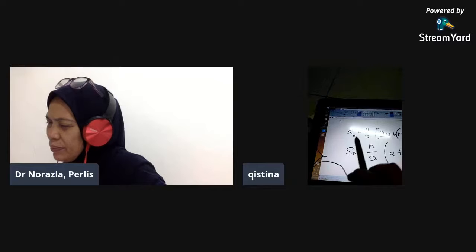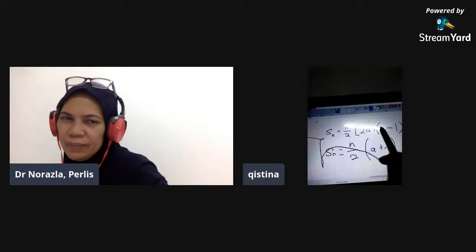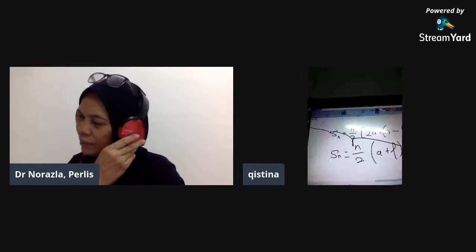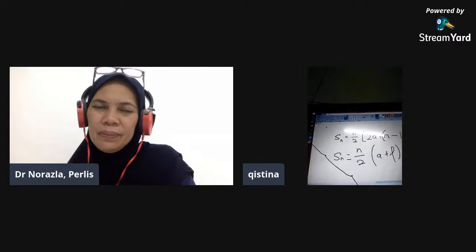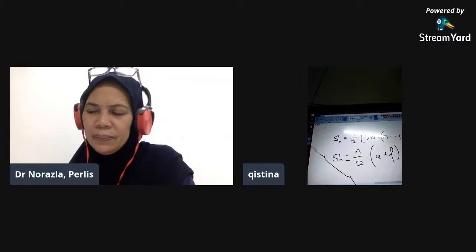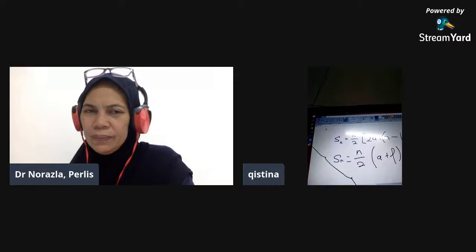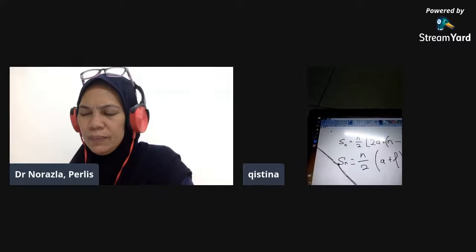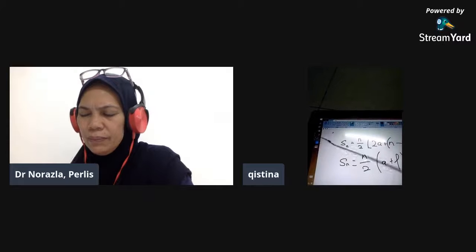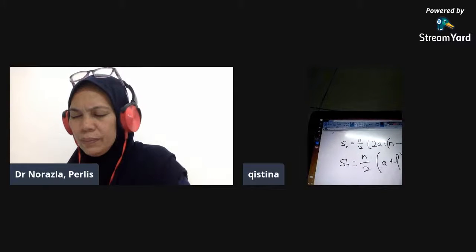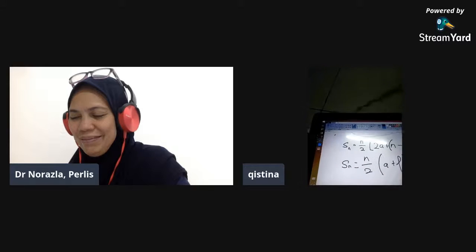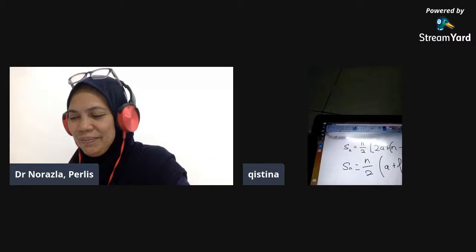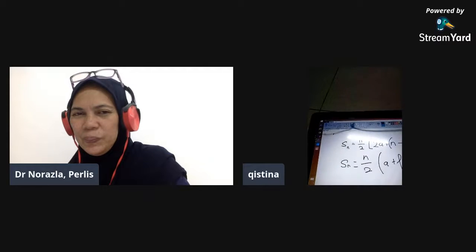Okay. From the first formula, 2a plus n minus 1 d is the area of rectangle, which we can take a look back at from diagram 2 and diagram 4. T1 plus T2 times n. Diagram 2, T1 plus T2, the first term plus second term, which is also the last.